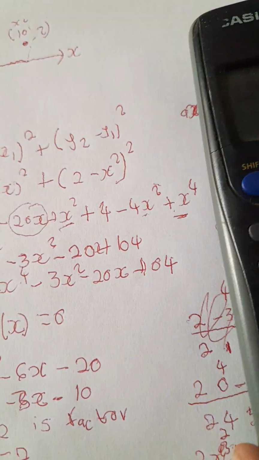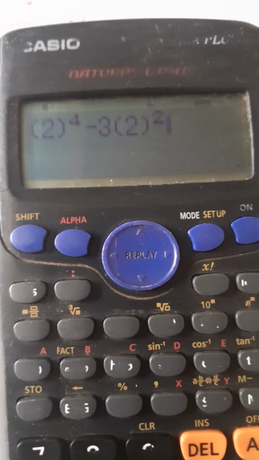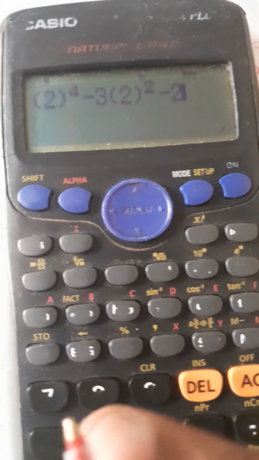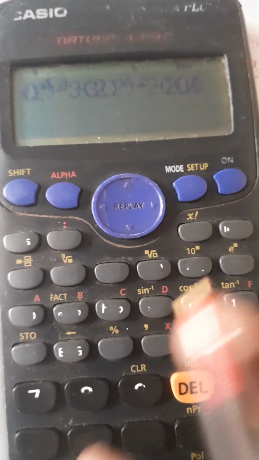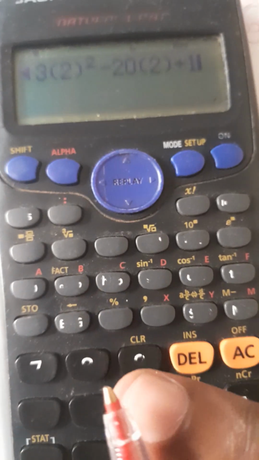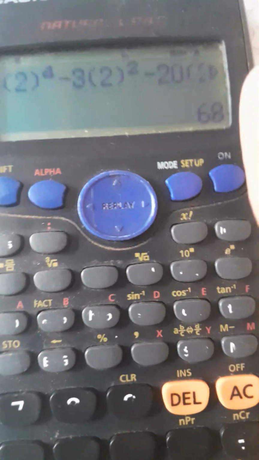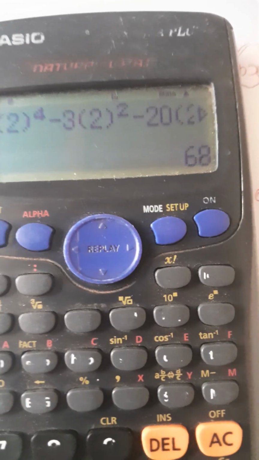Then we have 20 minus x, okay, we have minus 20. I think plus 104. What will be our minimum distance there? 68. So this will be a solution. Your solution here will be 68.